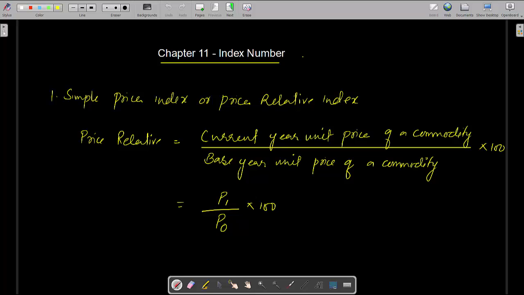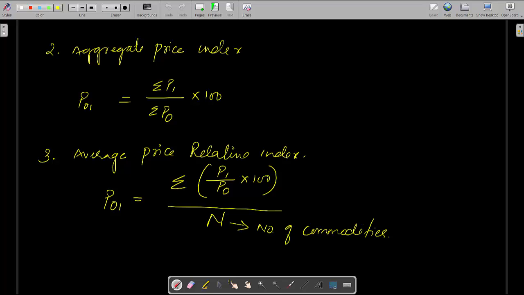So all the formulas that we have talked about fall under unweighted indexes. Under this there are three methods to calculate. One is simple price index, the second one is aggregate price index, and the third one is average price relative index.